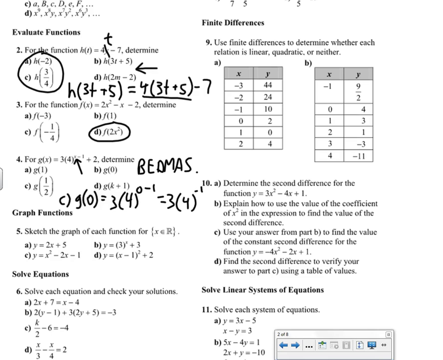And you may have to go and look at the prerequisite skills section for exponent laws. Just refresh yourself here with exponent laws. Those are equivalent to reciprocals. So 4 to the -1 is equivalent to 1 over 4 to the +1, which is a quarter. Multiply that by 3 and we would have our answer, which would be 3 over 4. Okay.